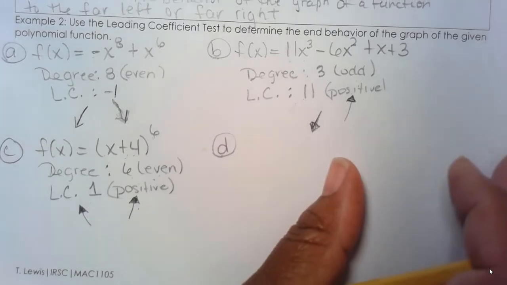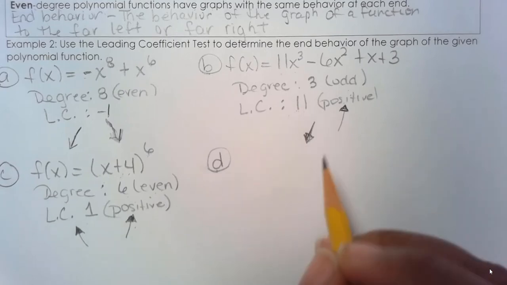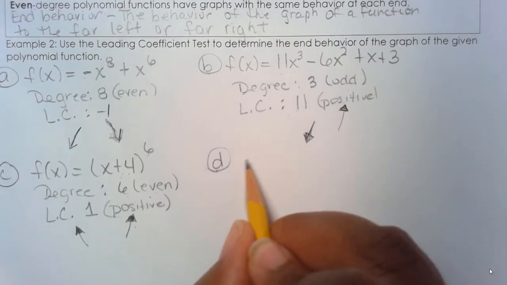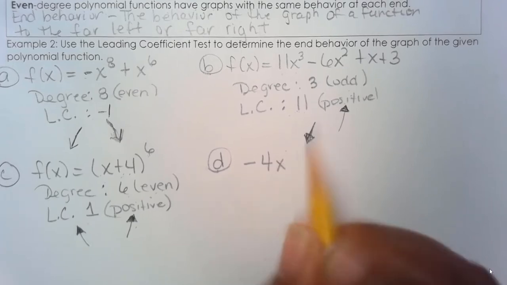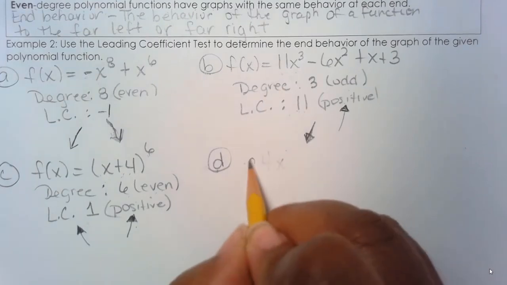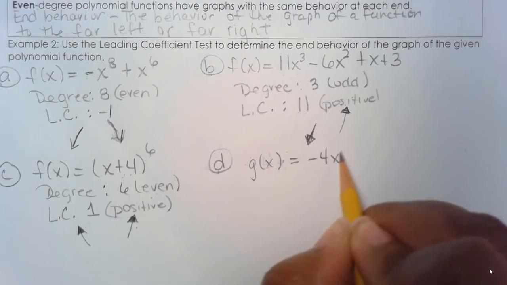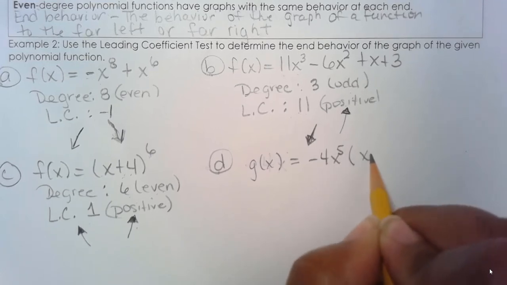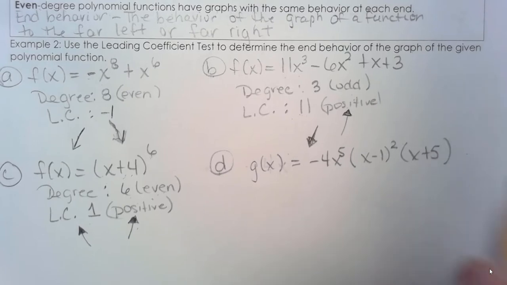And D, we have here -4x to the 5th, or let me write this out. Let's give this function a name, g of x is equal to -4x to the 5th times x minus 1 squared times x plus 5.